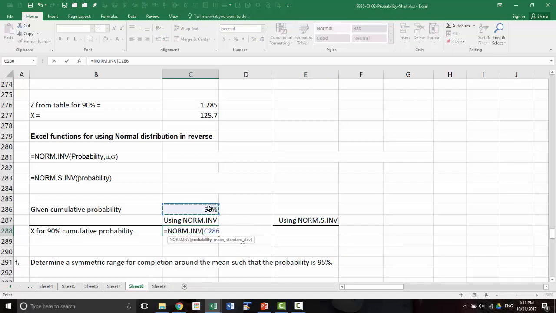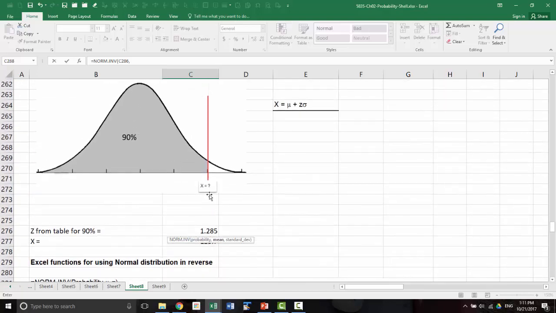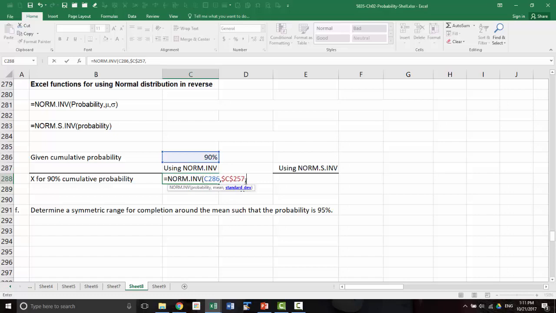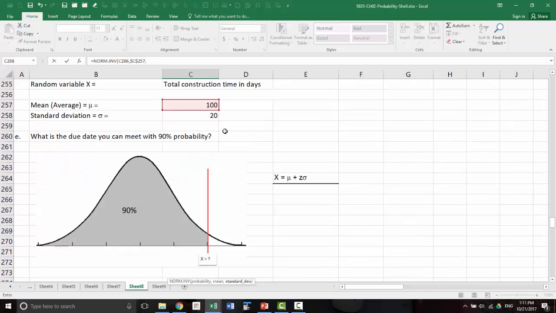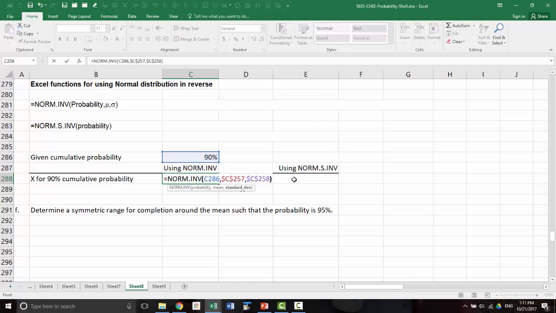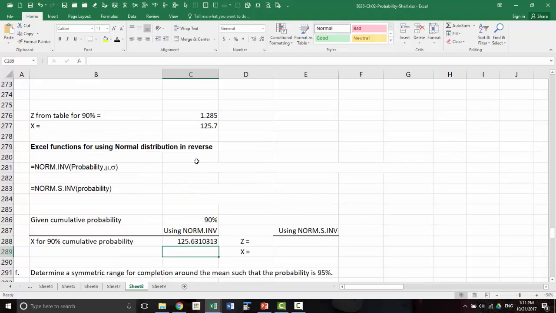Give the probability and then mu and sigma, which I'll absolute reference. And so this one is more accurate. Remember, we had to do a little bit of averaging in the table. So the table is not very accurate, whereas Excel functions will be accurate.